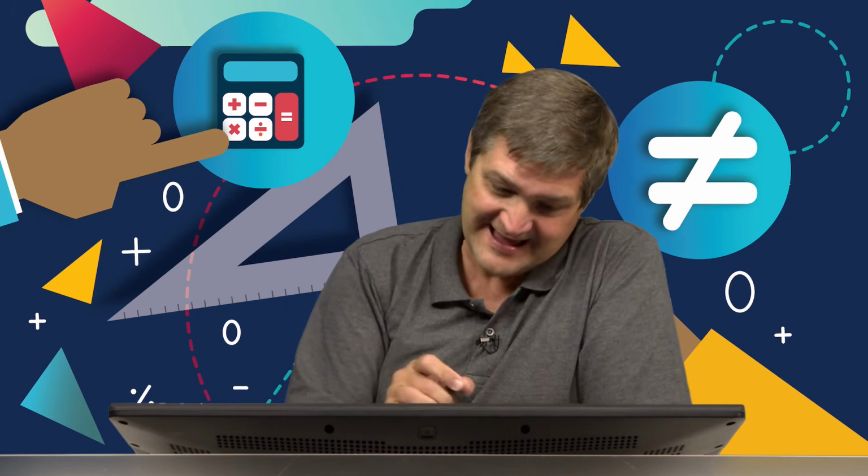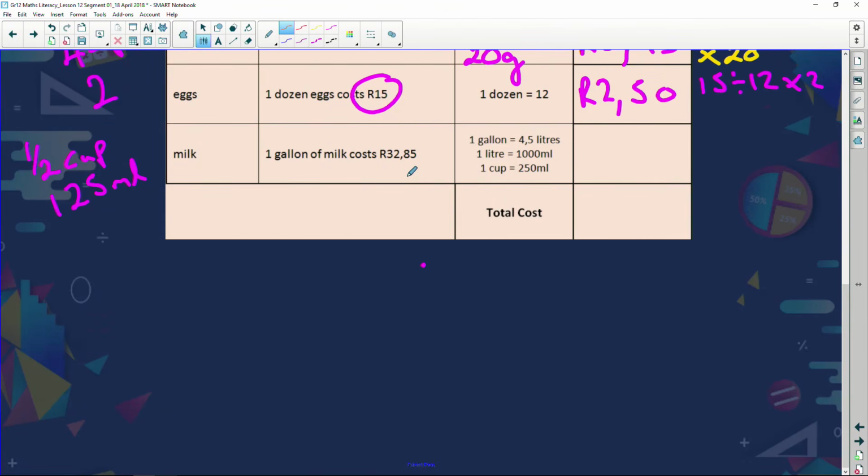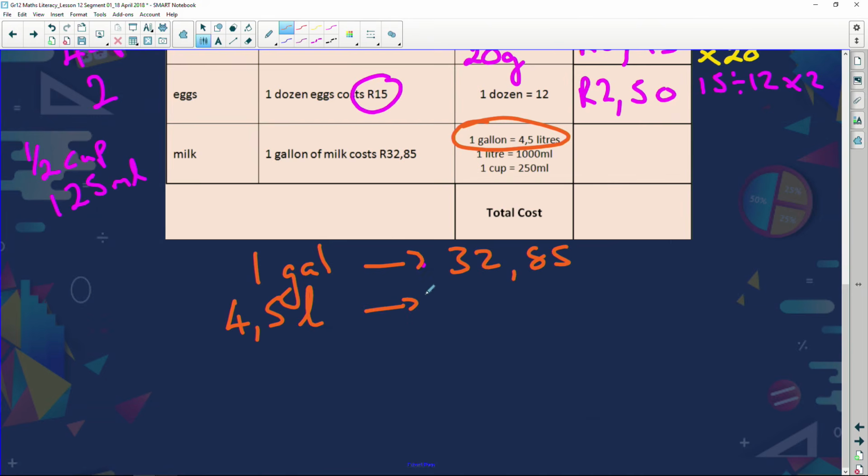So if 1 gallon costs 32 Rand 85, and 1 gallon we know is the same as 4.5 liters, then instead of 1 gallon, I can say 4.5 liters cost me 32 Rand 85.